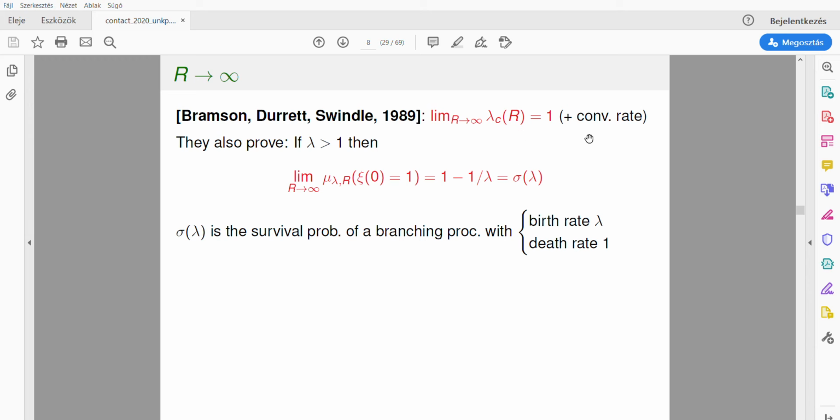That's why this limiting density is just the survival probability of the branching process.